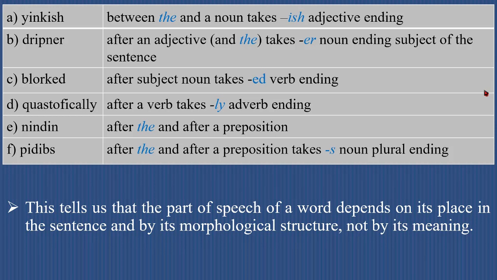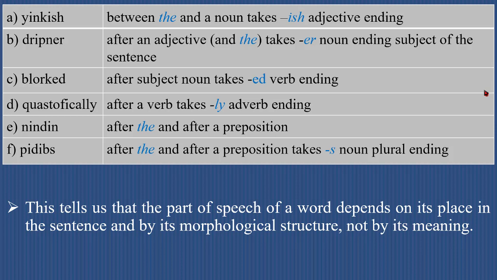Why? Because it has an adjective ending. Dripner occurs after an adjective and it takes er, a noun ending, as the subject of the sentence. Because this word takes an er, that is why it is a noun.